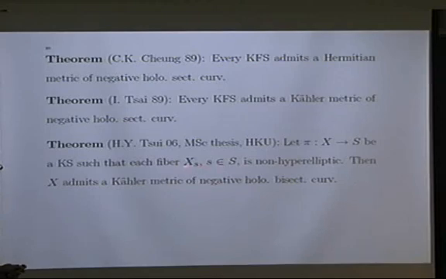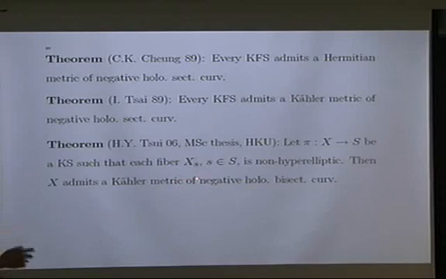You say the condition is that each fiber is non-hyperelliptic. Yeah. But at least one fiber should be smooth, right? In this case, all fibers are smooth, and the base is also smooth.